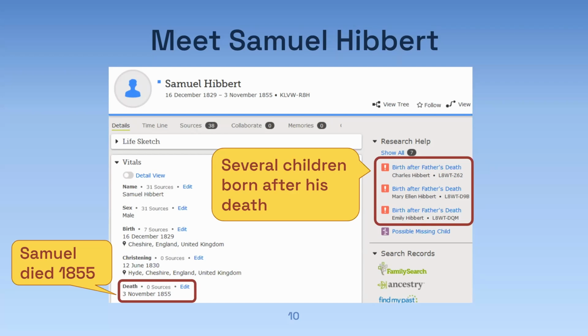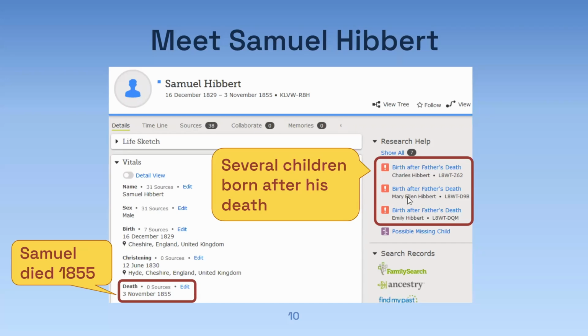Well, a well-meaning user came along and just assumed, I'm guessing she probably didn't even think about it too deeply, that these kids were right and said, oh dear, if those kids are right, then he couldn't have died before the kids. And so she removed the death date. Of course, when she removed the death date, these errors went away.